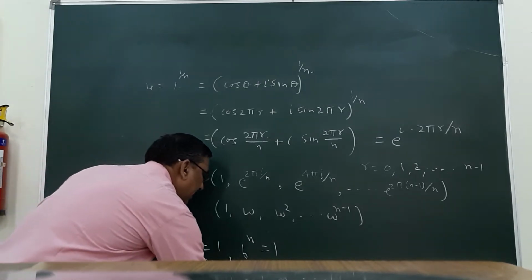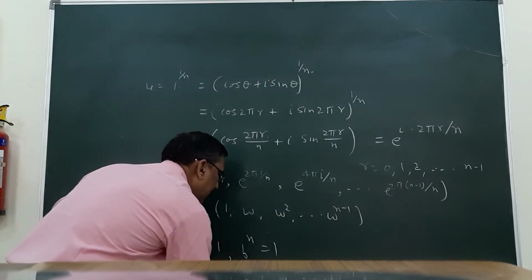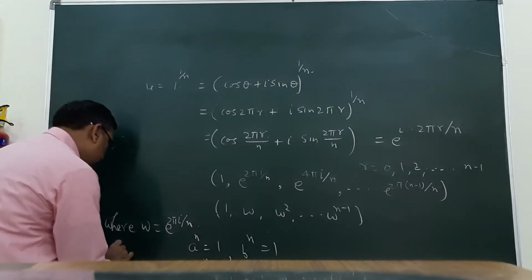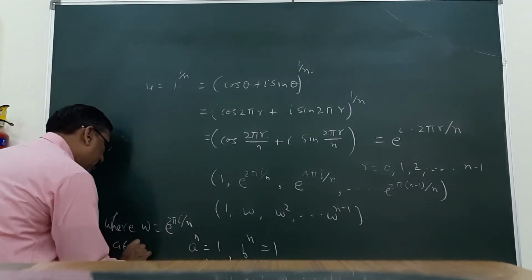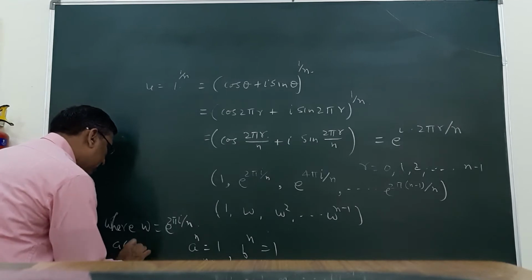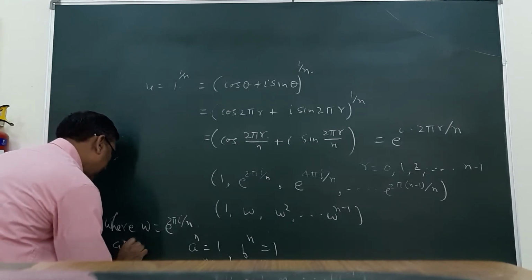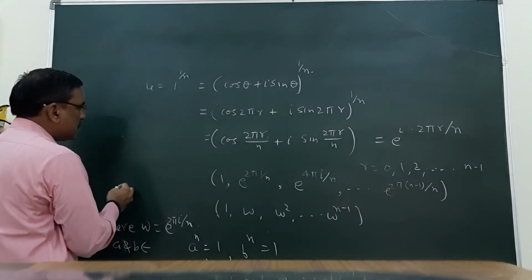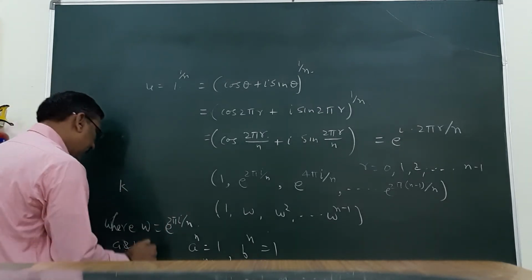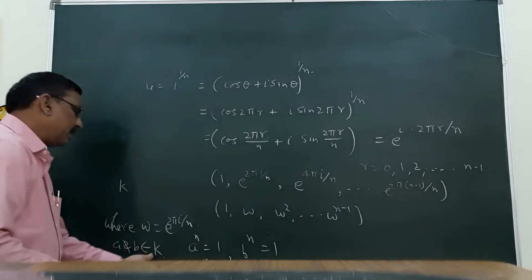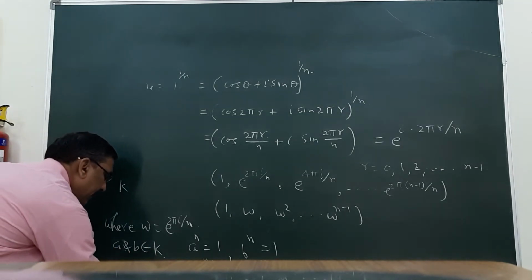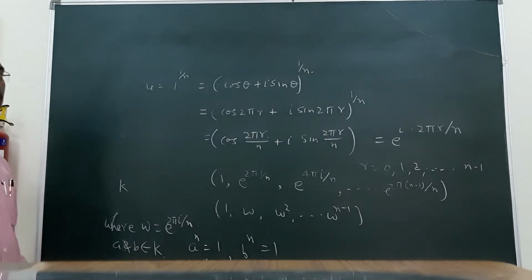That is, (ab) raised to the power n is 1, for any two members a and b belonging to the set. Say this set is K. Then ab belongs to K. Hence closure property holds good.